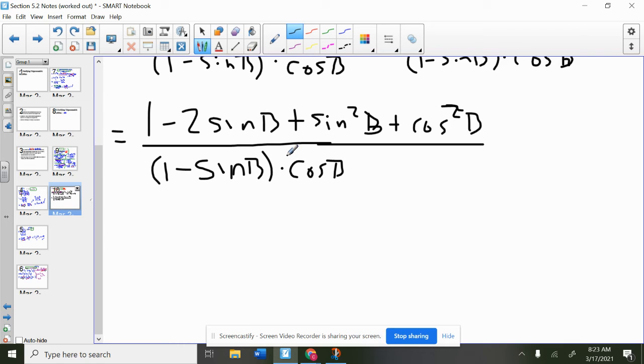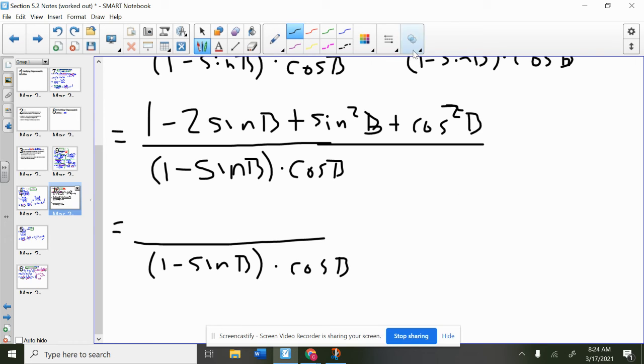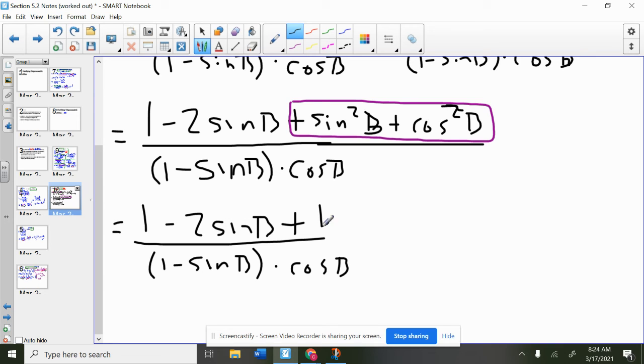Now, I'm hoping that if you look up at the top, something may jump out at you. What I'm hoping that you recognized was the fact that I have this. What does sine squared plus cosine squared equal? Well, that equals 1. So I'm going to rewrite the top, and then that turns to 1.